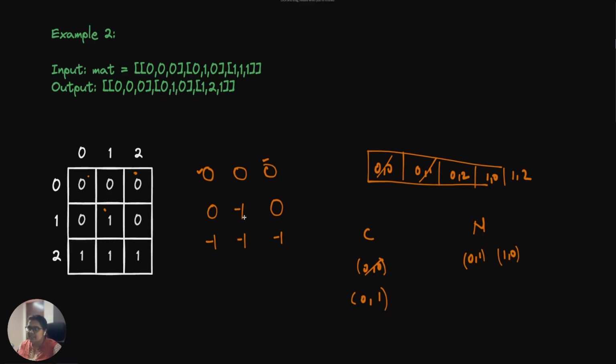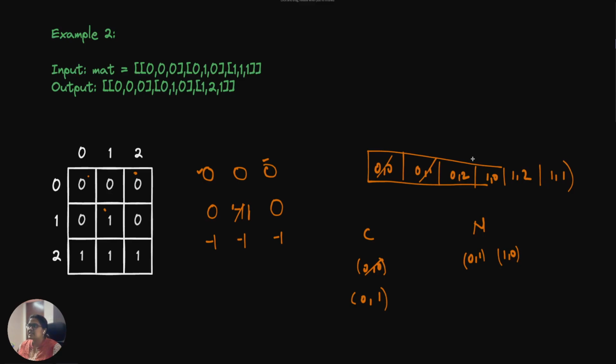So we have to calculate the distance for 1,1. What will be the distance? Current node distance plus 1, because the distance to travel to a cell is 1. So the current node distance is 0 plus 1, so this becomes 1. And we add this to the queue. 1,1 also gets added to the queue.